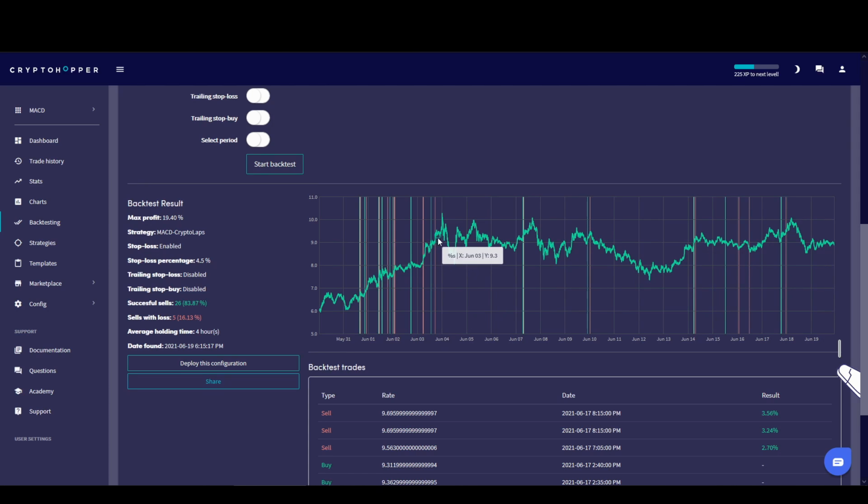So between June 4 and June 14, in 10 days, there were 2 transactions.